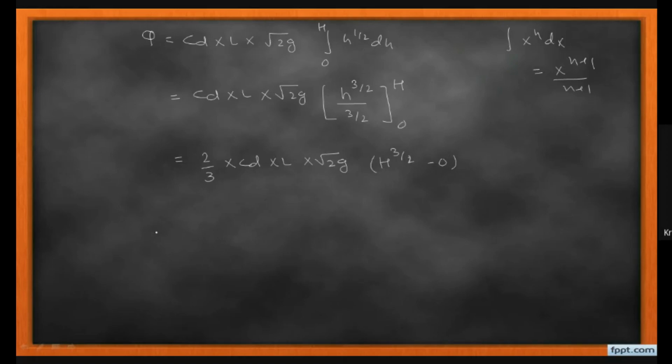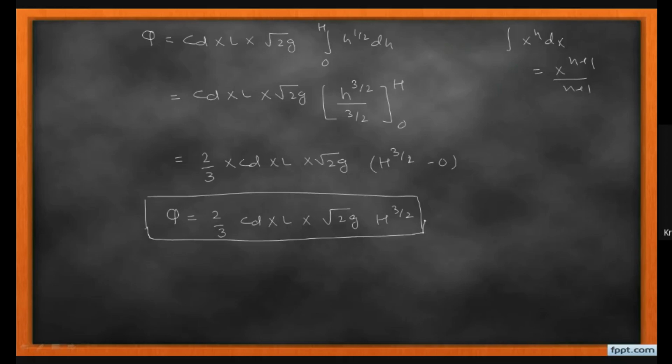So finally our expression for the discharge through the rectangular notch or weir is Q equals 2/3 Cd into L into the square root of 2g into H to the power 3/2. So this is the rate of discharge through the rectangular notch.